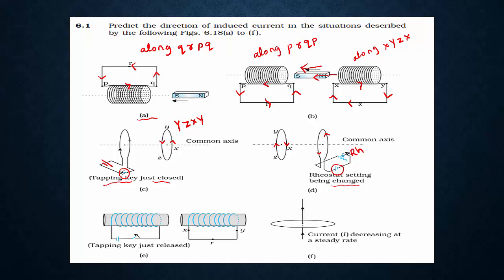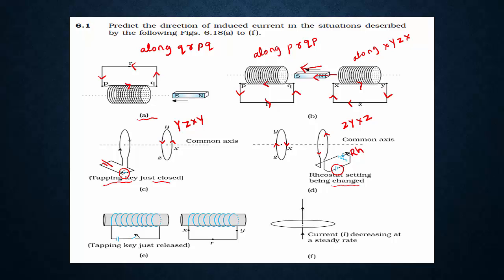Because when the rheostat setting is changed, the current decreases, the flux changes, and the induced EMF takes place, so that it is moving in the clockwise direction, that is from Z, Y, X, Z.